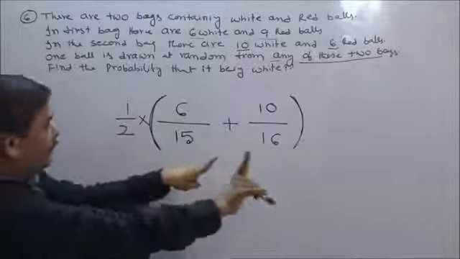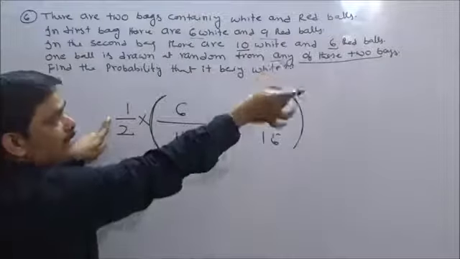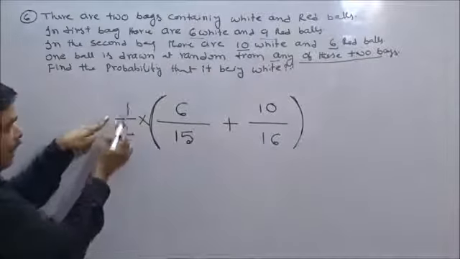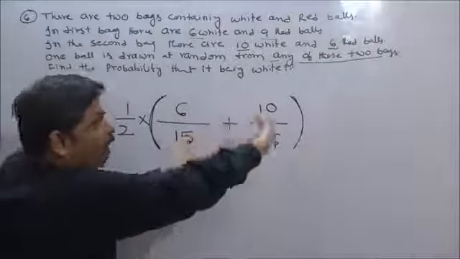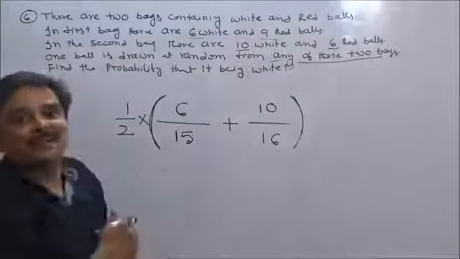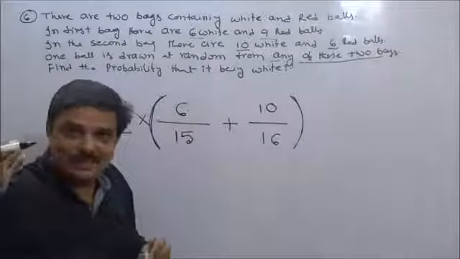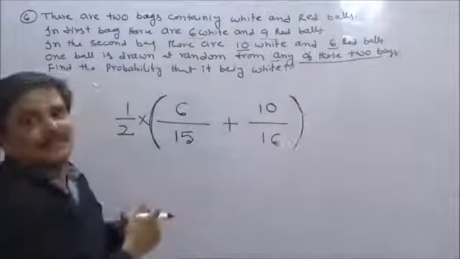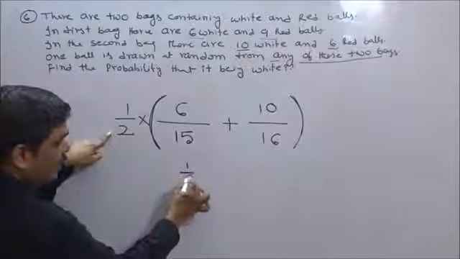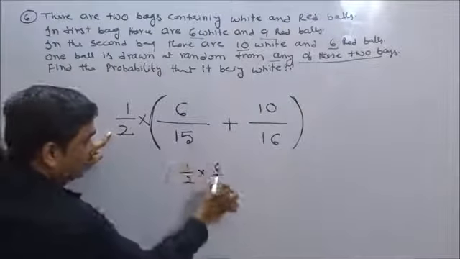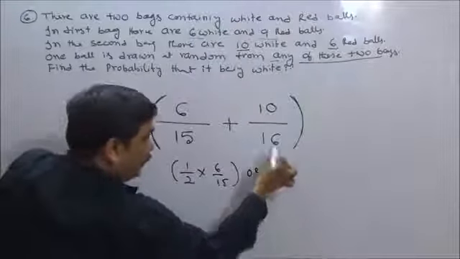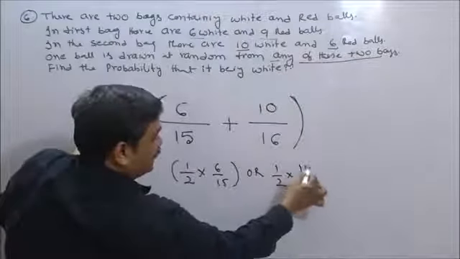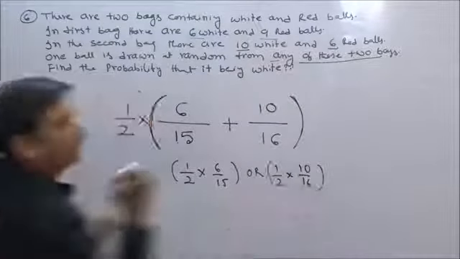The very meaning of this is that any of two bags are there, for that reason half this probability, or half that probability. Since we are doing slightly better questions, I have not explained in the basic way. Actually the basic way is like this: half of 6 by 15 probability, or half of 10 by 16 probability.